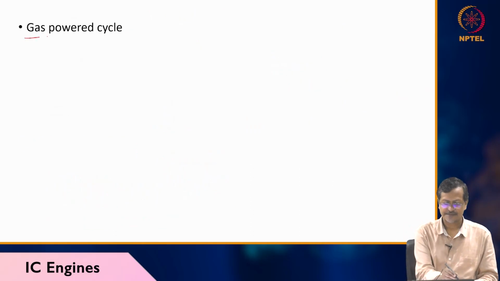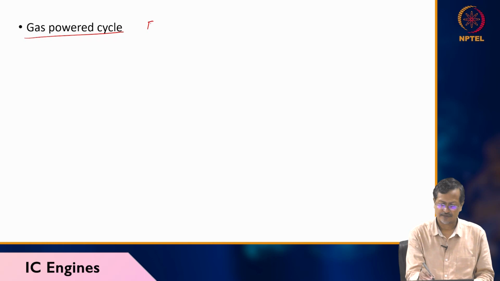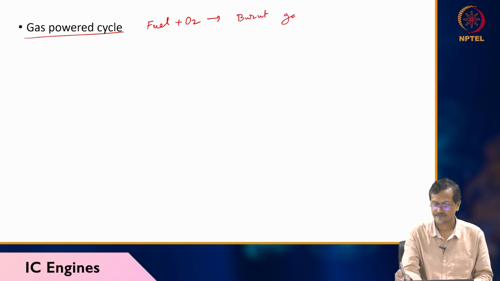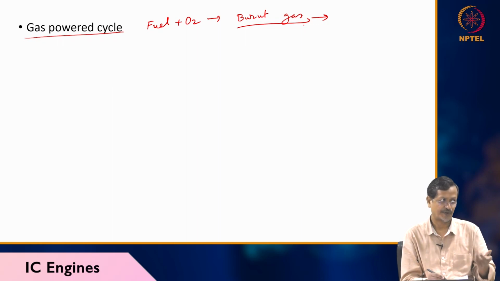So, gas powered cycle. Gas powered cycle means we have fuel plus oxygen and we burn it and we get burned gas. This burned gas will be driving your system. So this is called a gas powered cycle. Another cycle is the steam powered cycle.